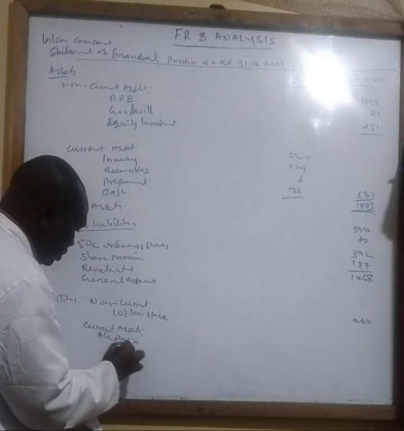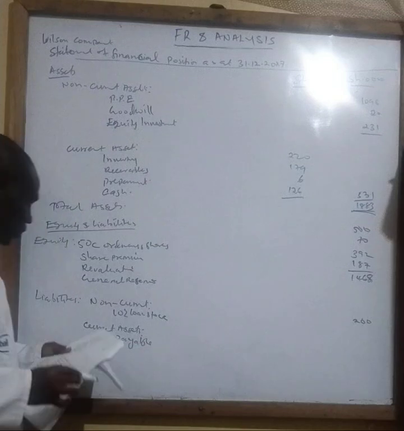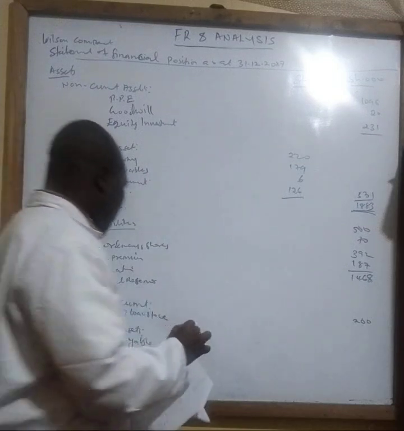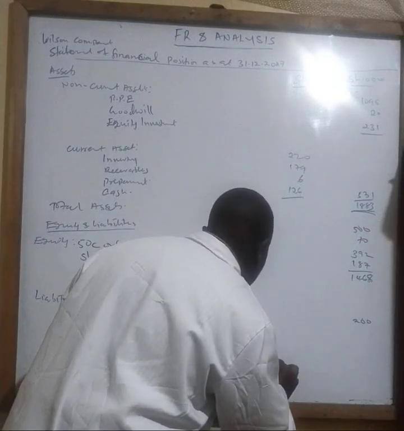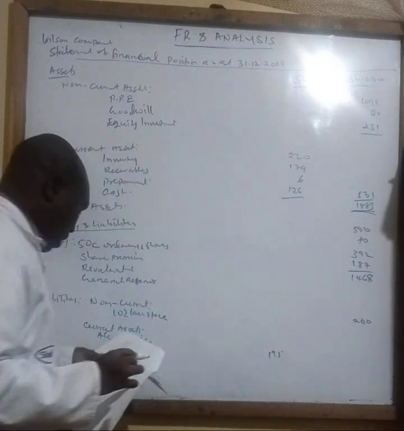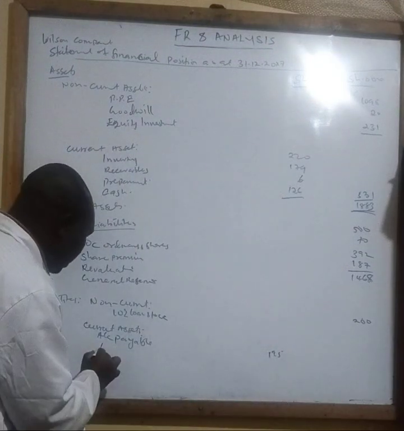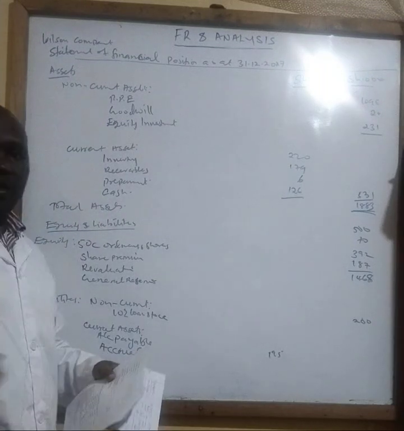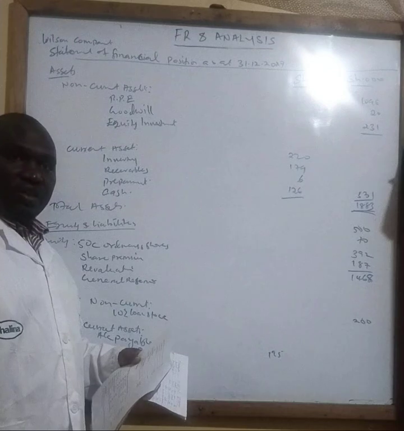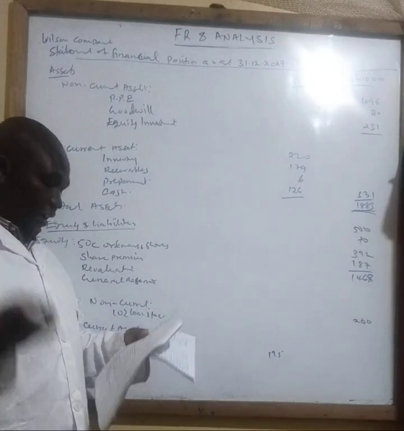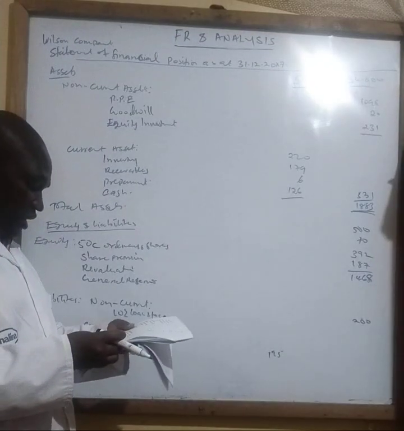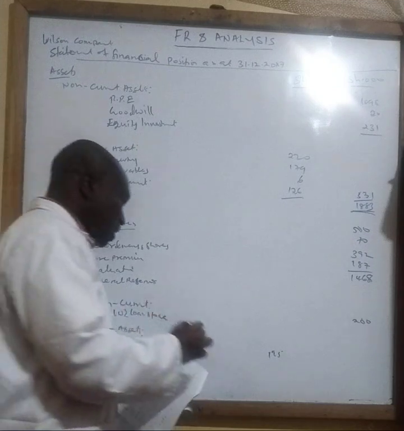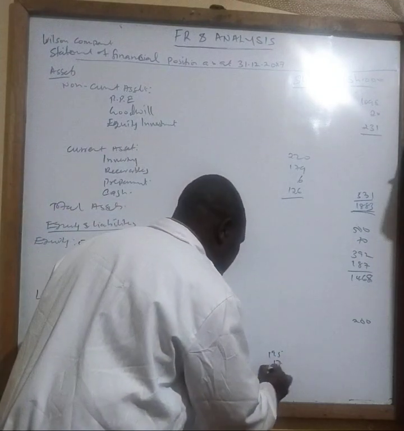Accounts payable, how much is it from the question? 195. We have accrued expenses which we have put together. We have consolidated interest, audit fees, and heat and light expenses, and we found 17. You remember 17? Yes, so you add there 17.